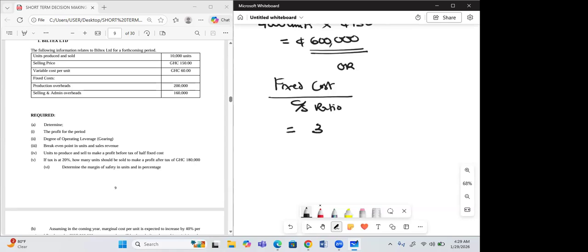So the fixed cost is 360,000 over the CS ratio, which means contribution per unit of 90 over selling price of 150. When you calculate, it will still give you 600,000. Are we following? Yes. CVP is easier, you just have to be strategic.